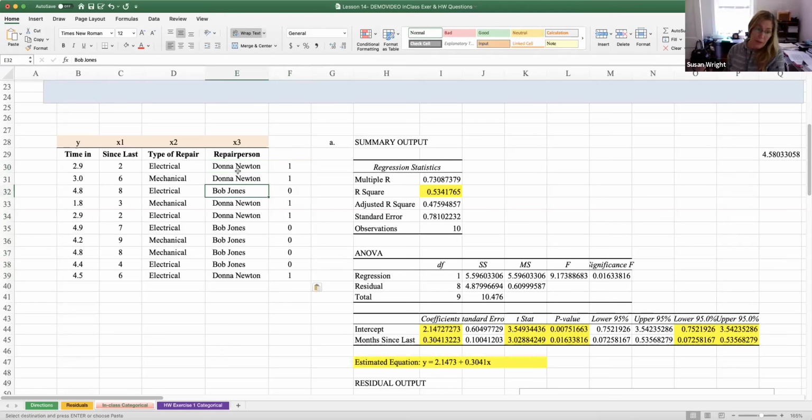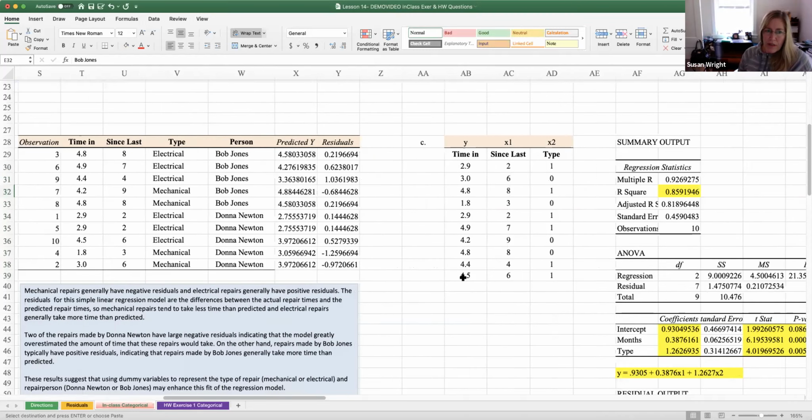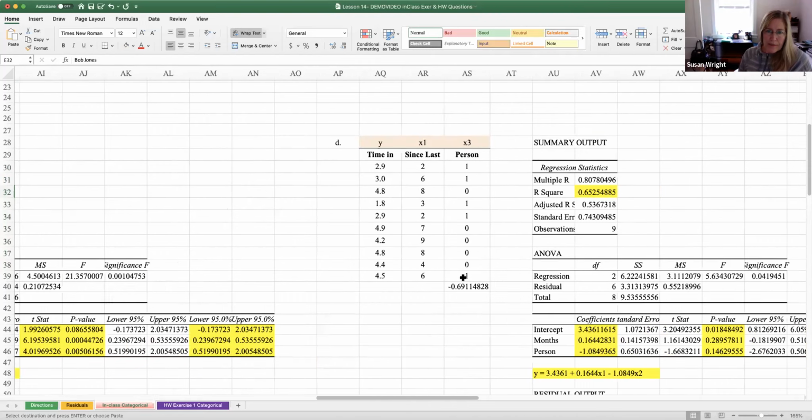Right. All right, so because we only have 2 people, that makes life easy, right? If you have a third one, you don't code the third one. I'll talk to you more about that when you get to the homework videos, because you do have one categorical variable that has 3 options. It's not hard to deal with it. So I'll talk to you more about that in the videos. All right, so here we go with x3.